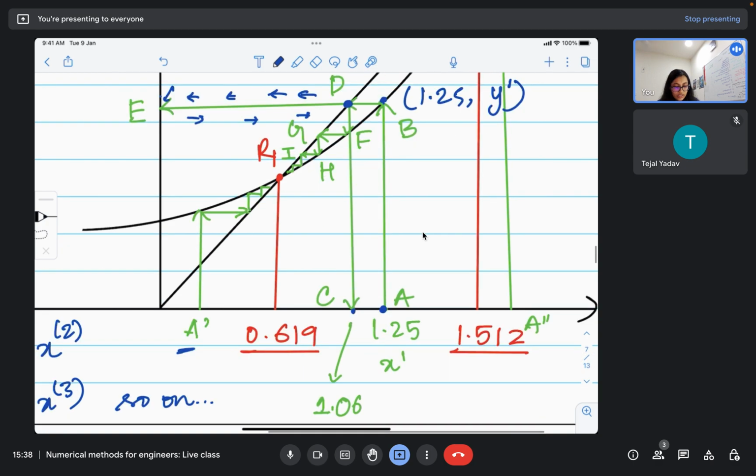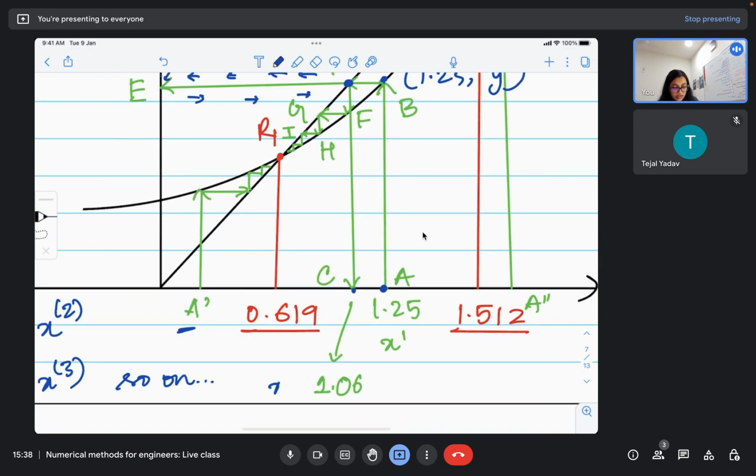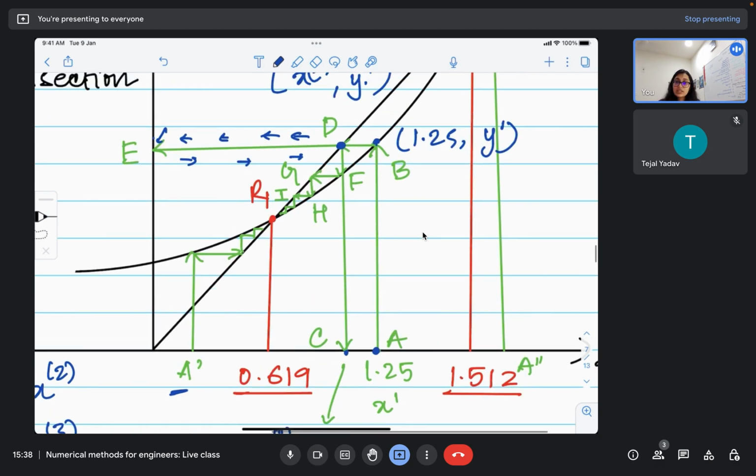So this value is your second iterative value of x, that is 1.06. Again we repeat this process, we go from x2 to the curve, then to the y-axis, we come back and get a particular value of x, and we go on repeating.